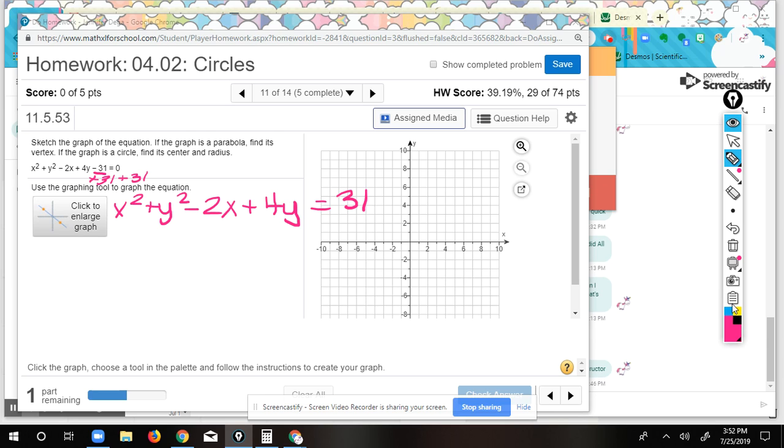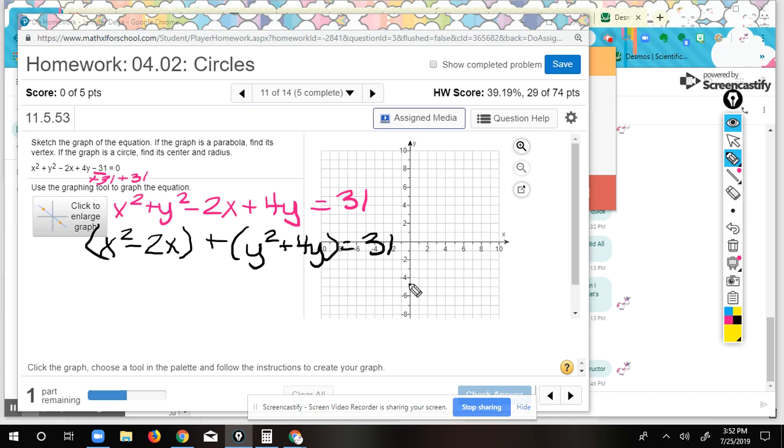Now I'm going to rearrange it. That's the next step. So all the x's are together: x squared minus 2x. That's going to go in one group, and then the y's are going to be together. Now we're going to complete the square.